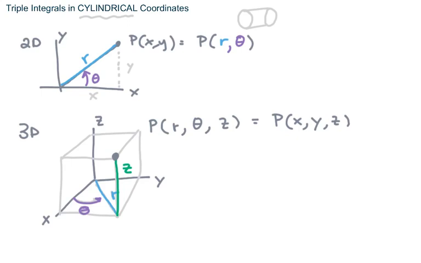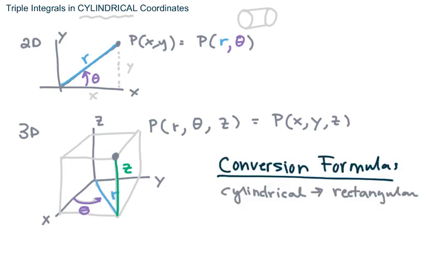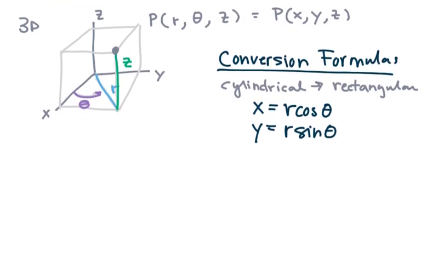Okay, so the conversion formulas, we already know this. If we are considering cylindrical and we want to convert that into rectangular, we're going to use the same things we already know about the relationship between polar and rectangular. We'll say x equals r cosine theta, y equals r sine theta, and since z is just a vertical distance up, z is just going to equal z.